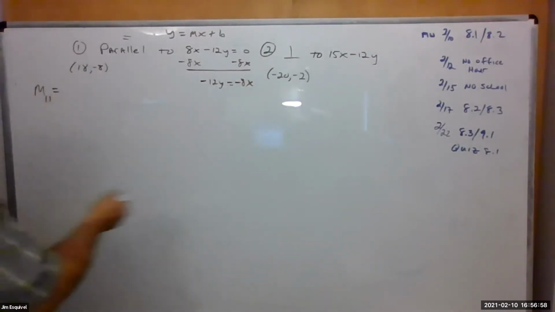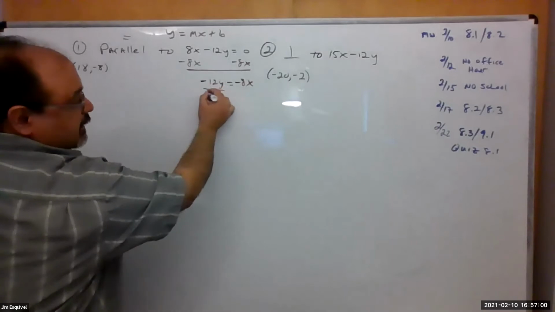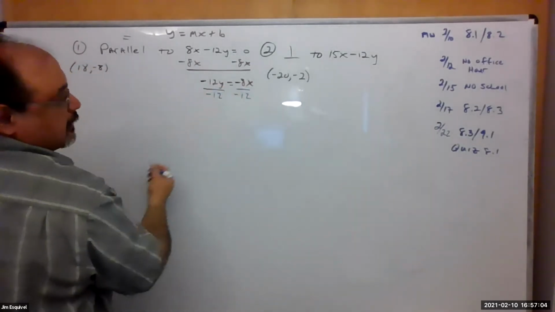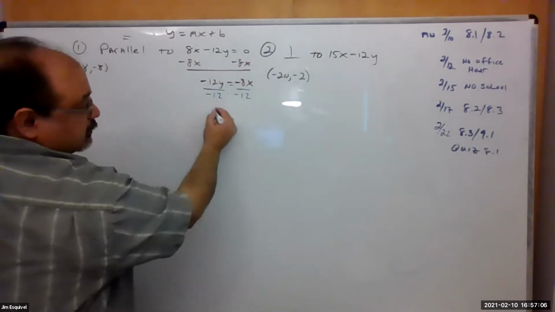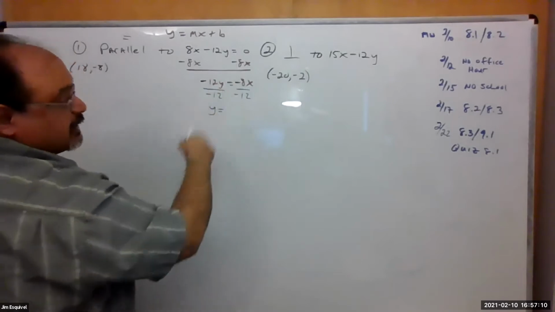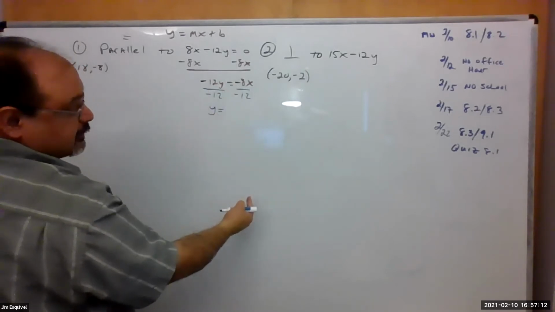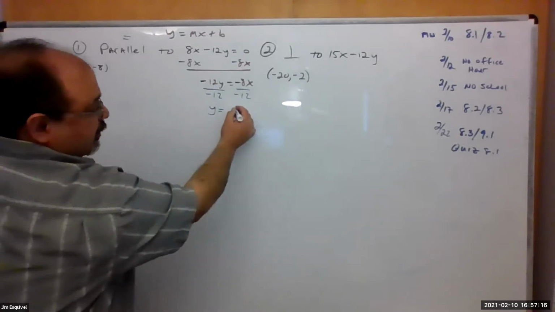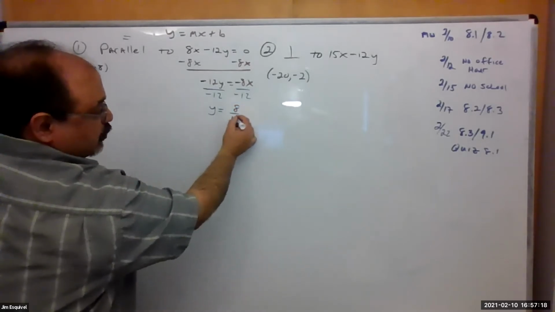And then divide each side by negative 12. This next step is crucial. Y equals a negative over a negative is a positive. Simplify. Right now you have positive 8 over 12x.